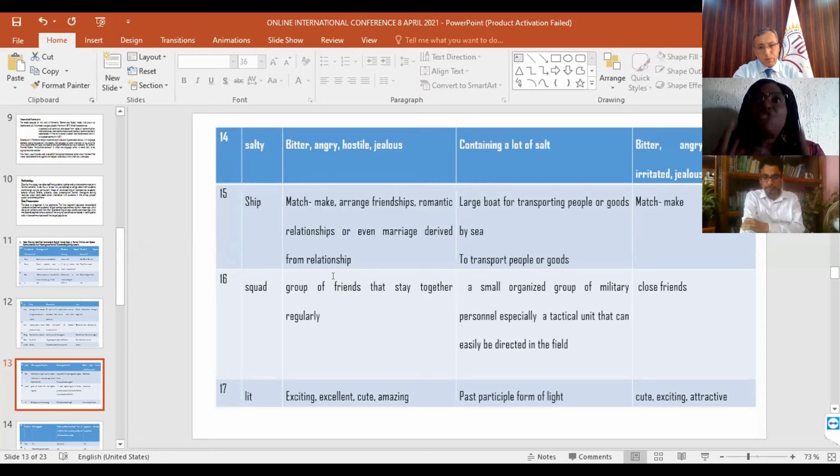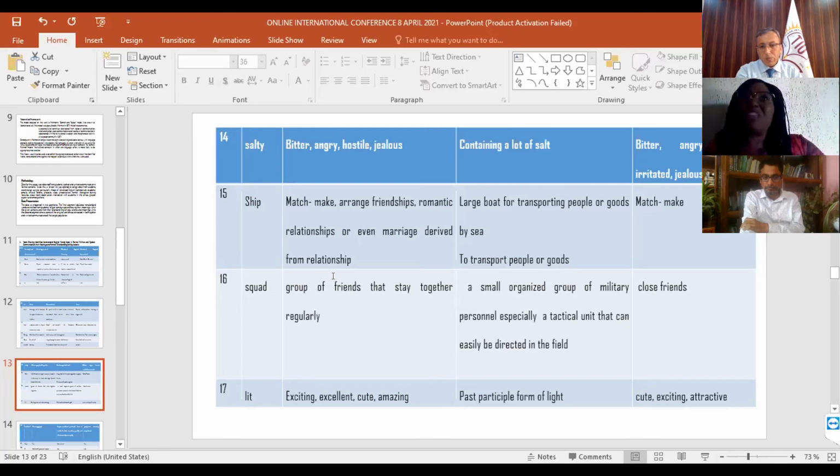Then we also have ship. Ship, as it was used in the given context where it was extracted, was used to mean matchmaking. So if I ship two people, I have done what? I've just match made. Bring two people together with the intention of making them have a romantic relationship, which of course could even lead to marriage.